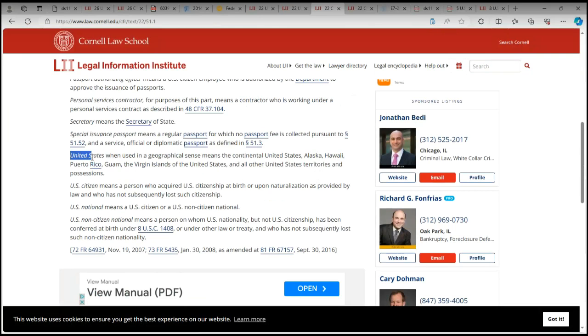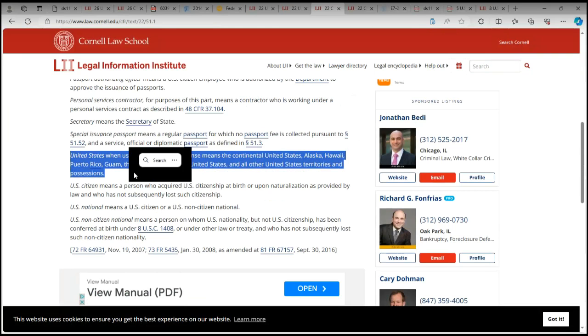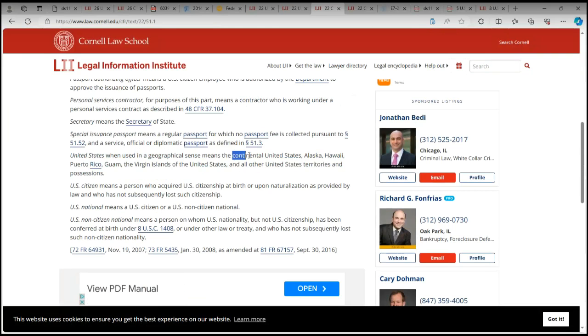Again, does this include only federal territories? I could prove that the continental United States means the 48 states that are bound together and touching at the borders. That's in the Omnibus Act for either Alaska or Hawaii, whichever was the last one to become a union state.